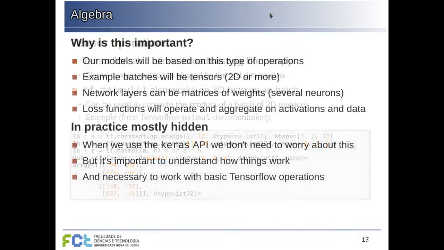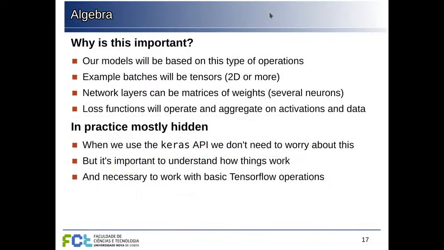It's important to note that in practice, we will not be looking at this very much. So when we start using the Keras interface, we will no longer worry about the details of the algebra at this lower level, except if you need to do some tweaking or if you need to adapt something at this level. But in general, we're just going to use the layers that Keras provides, fit them together, and not worry about the details of these operations.